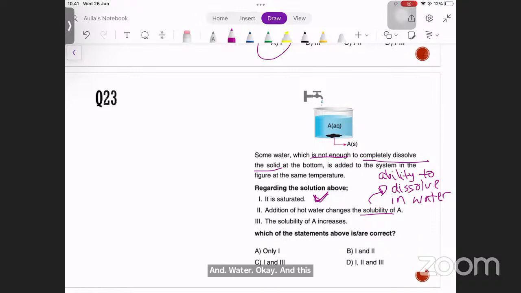It is saying that addition of hot water will change the solubility of A. In your opinion, when hot water is added to the container, do you think the solid will dissolve more easily or not?